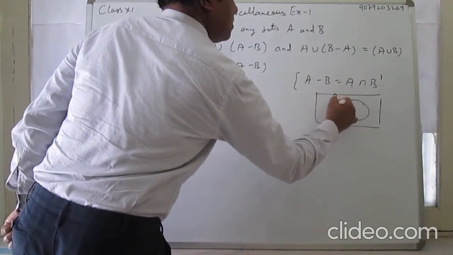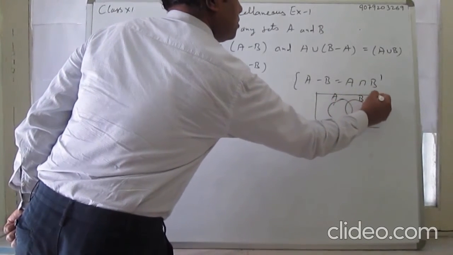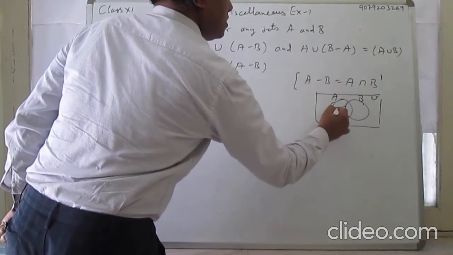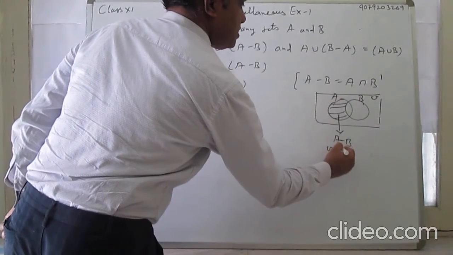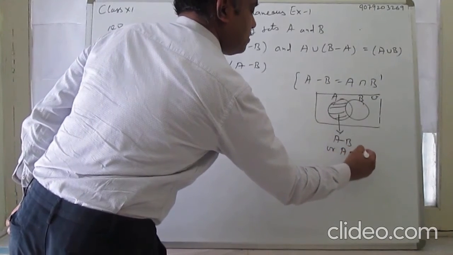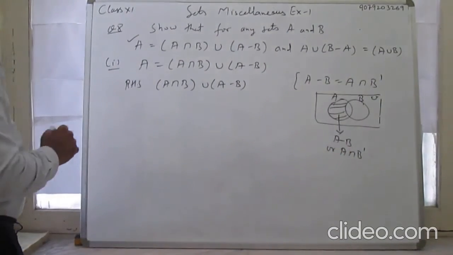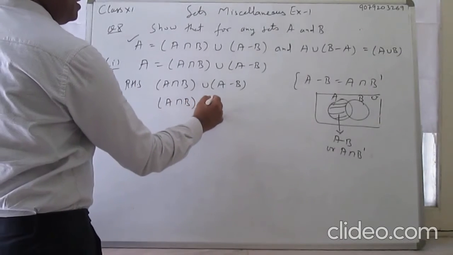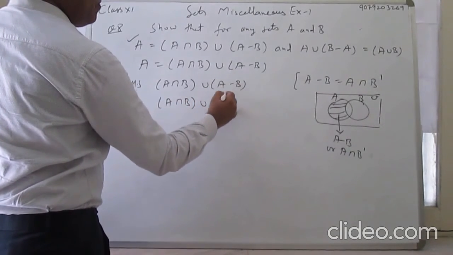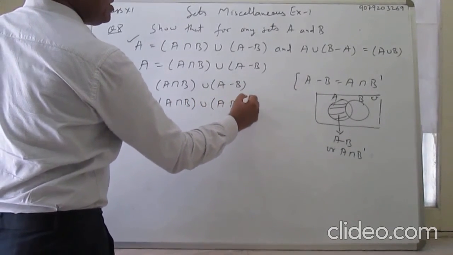This is A. This is B. This is universal. This is A minus B, or you can say that it is A intersection B complement. Both are equal.